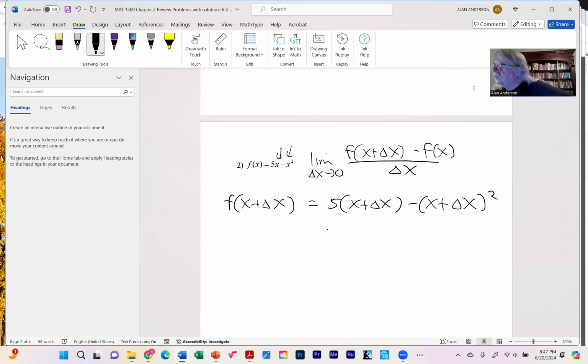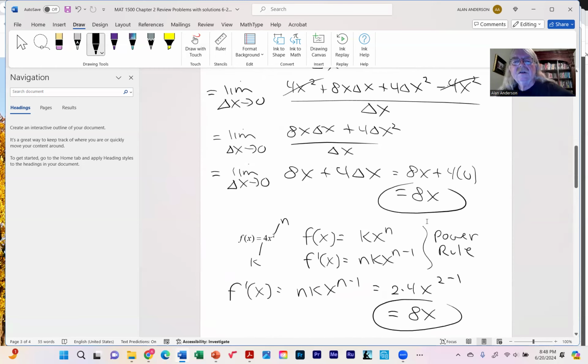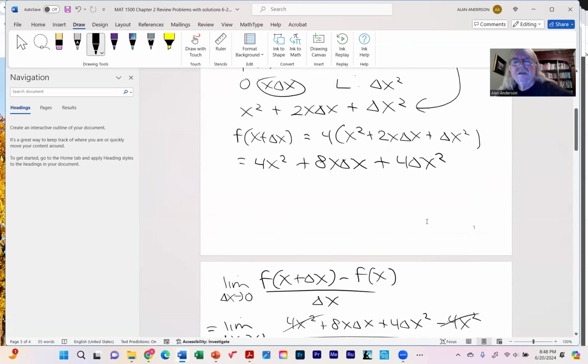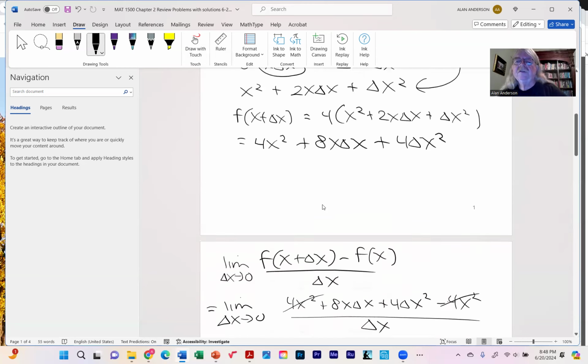Let's do this first: 5x plus 5 delta x. Now, we have to subtract the square of x plus delta x, which we know from here is x squared plus 2x delta x plus delta x squared. Since we just got through doing it, we don't have to do it again. But remember, this was obtained through FOIL, if you forget.